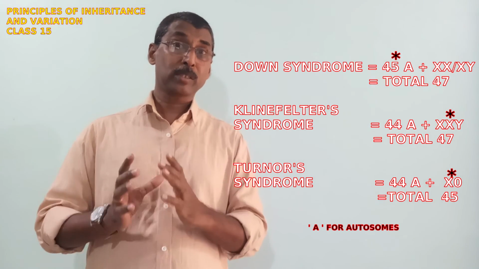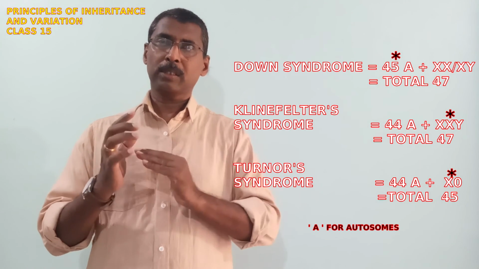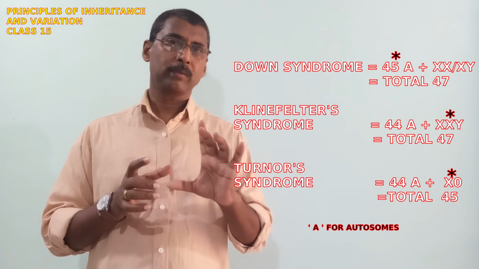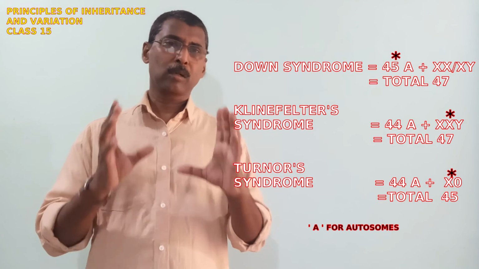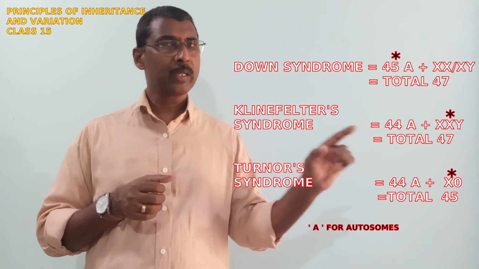The 21st chromosome is 3 in number, so the autosomes increase by 1. Instead of 44, it is 45. So for Down syndrome, the chromosome pattern is 45 plus XX or XY as the case may be.